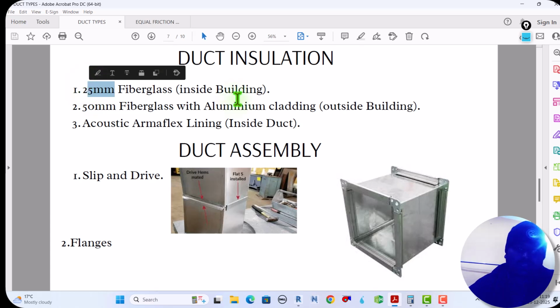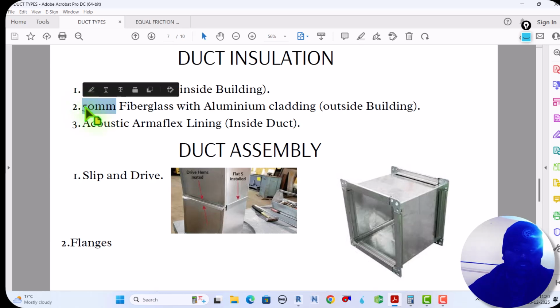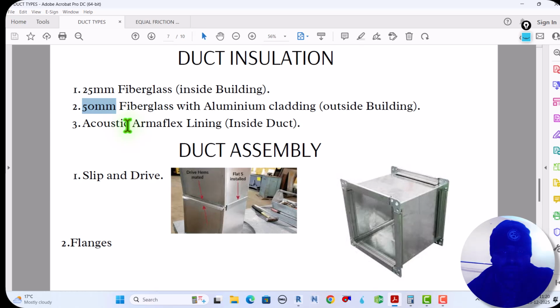But when it is outside, we give 50 mm. You should remember this when going to an interview. If the interviewer asks how many mm of insulation we give, you should explain: 25 mm when the duct is inside the building, and when the duct is outside the building, 50 mm fiberglass with aluminum cladding.